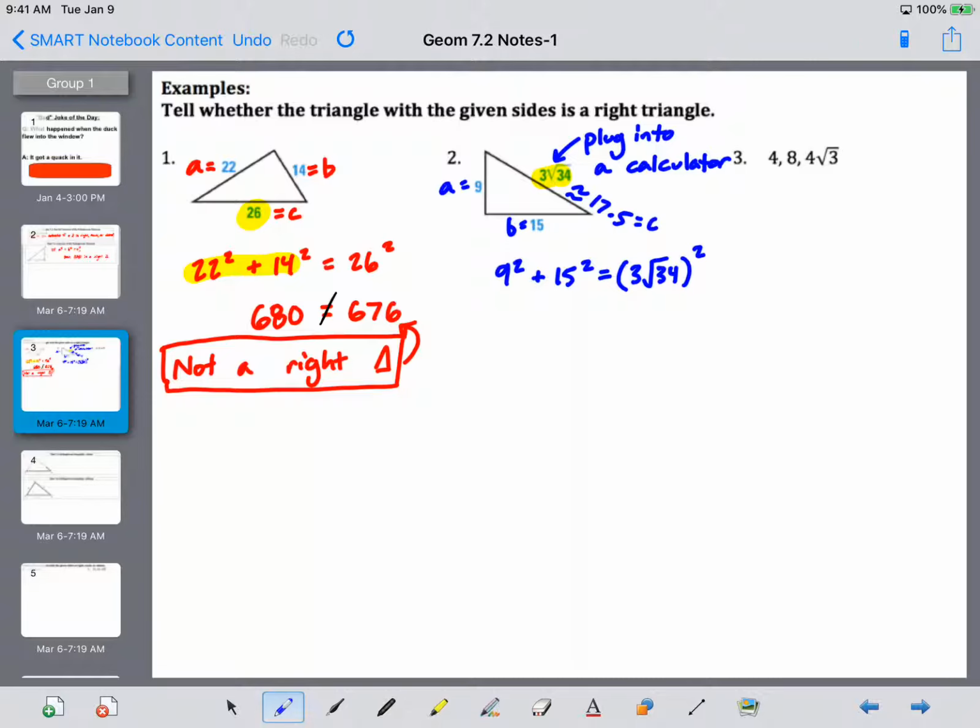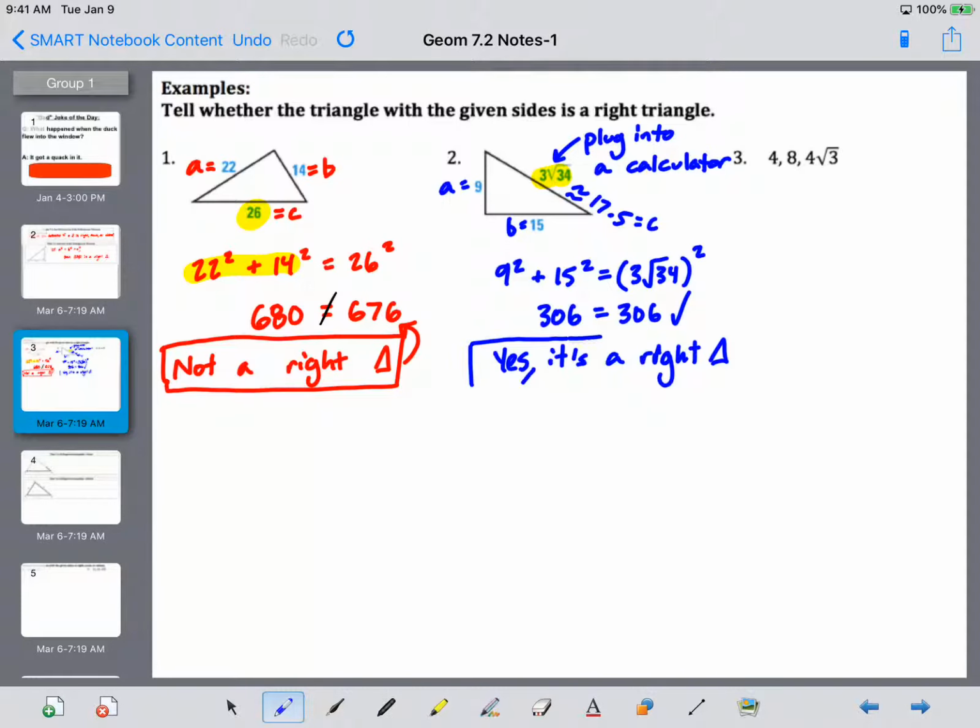Otherwise, it's not going to work. On the left hand side, 9 squared plus 15 squared gives us 306. 3 square root of 34 squared, it turns out, is also 306. So, is this a right triangle? Well, these are equal, so yes, it is a right triangle.